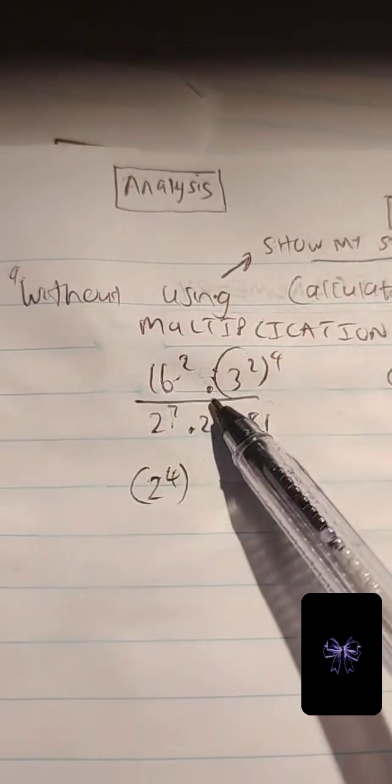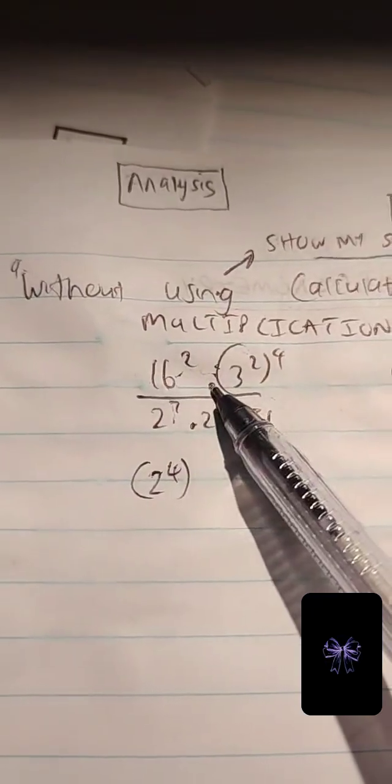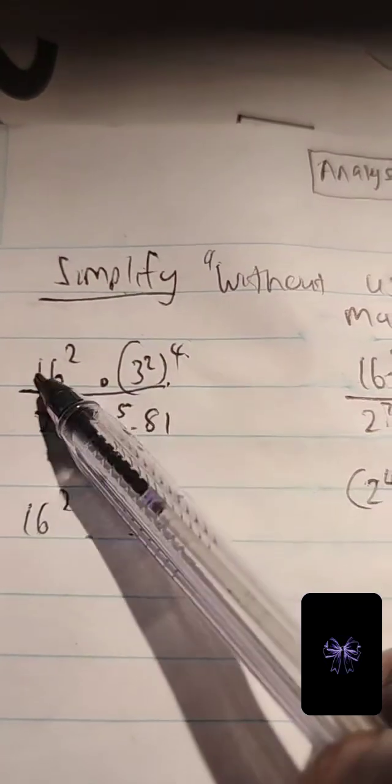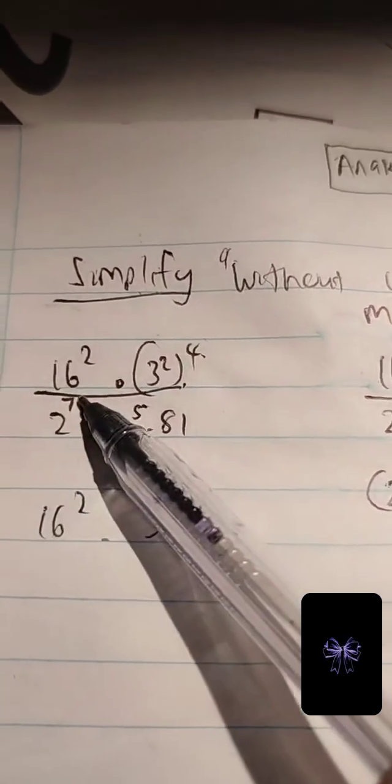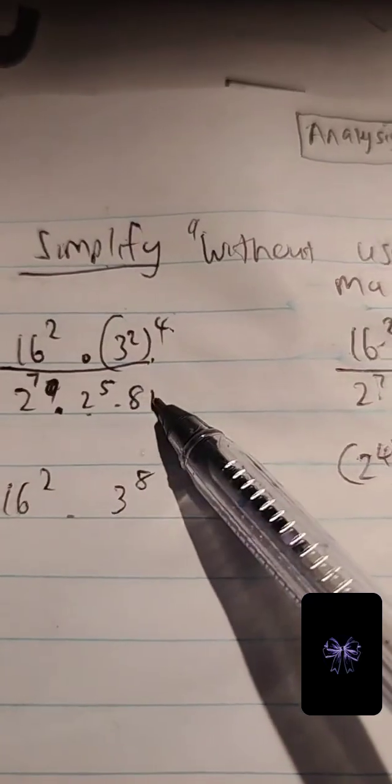So first, quickly take an analysis of the question. You're like, okay, this is 16 squared. The relationship with that is multiplication. We are multiplying by 3 to the power 2 raised to the power 4. So the relationship at the top is multiplication. The line stands for divide. I have 2 to the power 7, multiplied by 2 to the power 5, multiplied by 81.